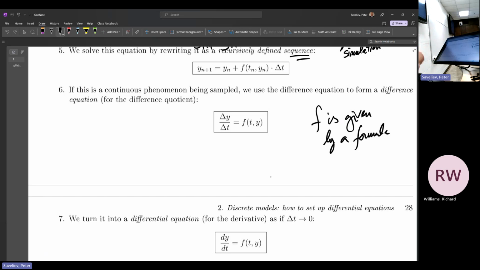But if you do it in this traditional calculus way, you have to have a formula, because you end up speaking of the derivative of that formula. That derivative is the ordinary differential equation, and delta t disappears.